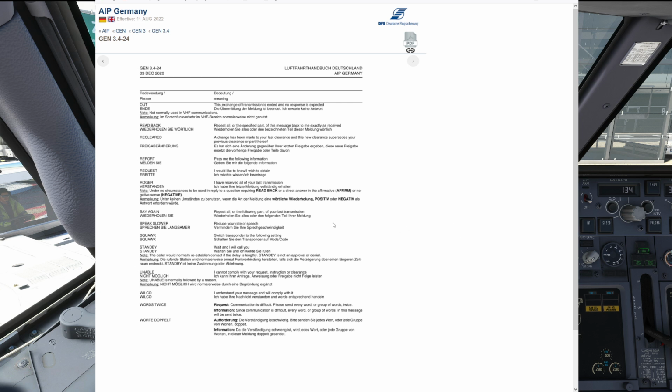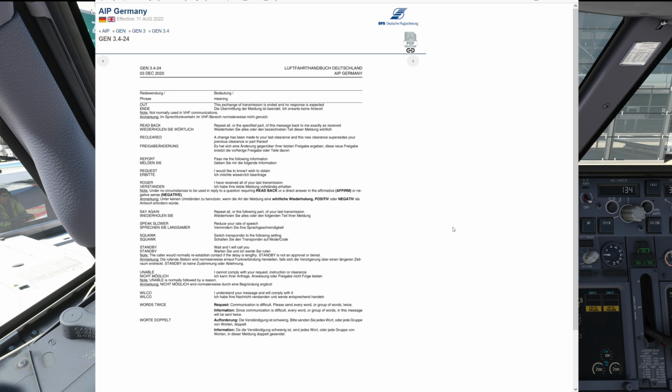So let's say, for example, the controller goes like, Airplane 123 cleared Domox 3 Alpha arrival. You didn't understand that, right? So then you can say again. So then the controller is going to repeat the message. And if he's still going, Airplane 123 cleared Domox 3 Alpha arrival, then you can say speak slower, which means reduce your rate of speech.